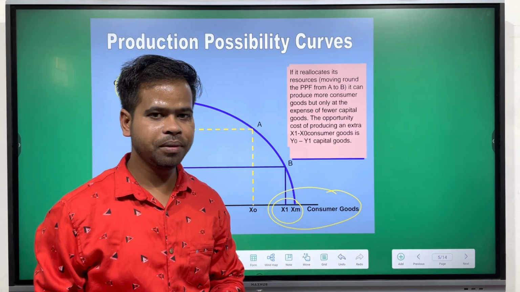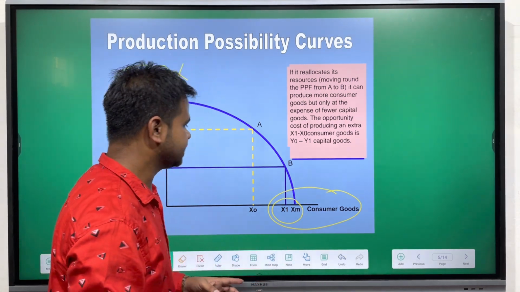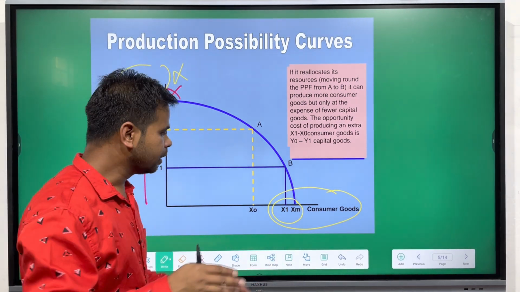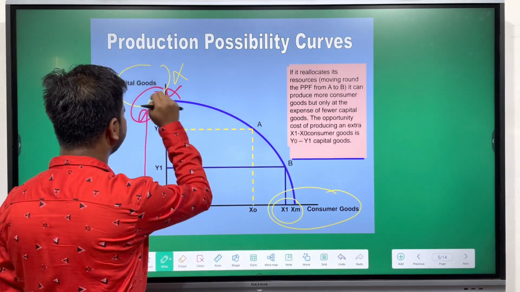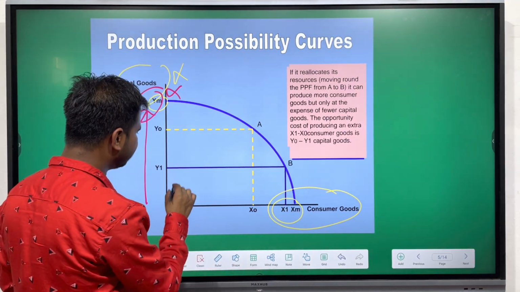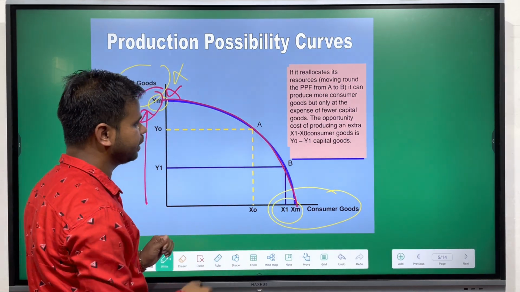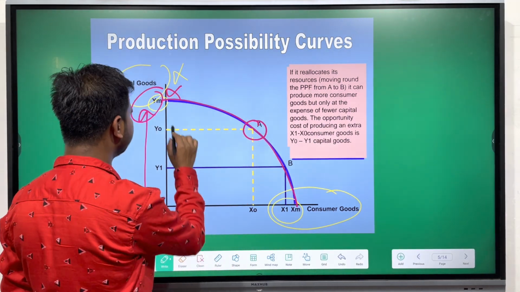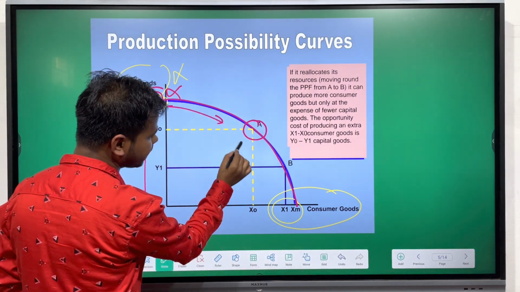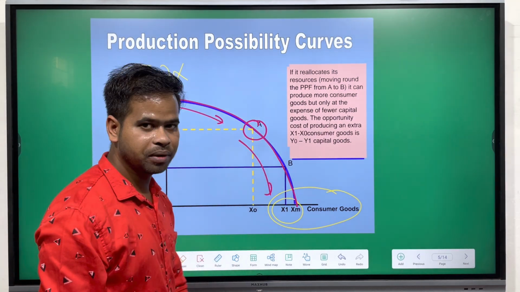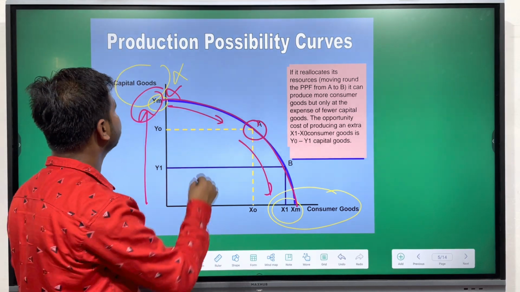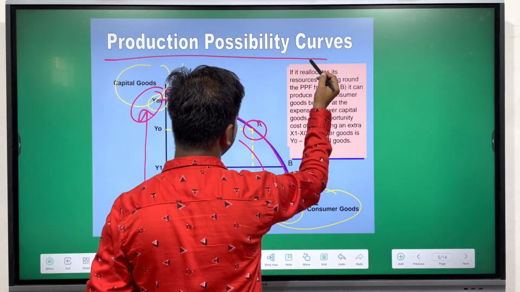But in the economy it is very necessary to produce consumer goods and capital goods also, so we will divide it. We will take any point on the graph and calculate how much we have to invest in capital goods and consumer goods. This ratio is shown by the production possibility curve.